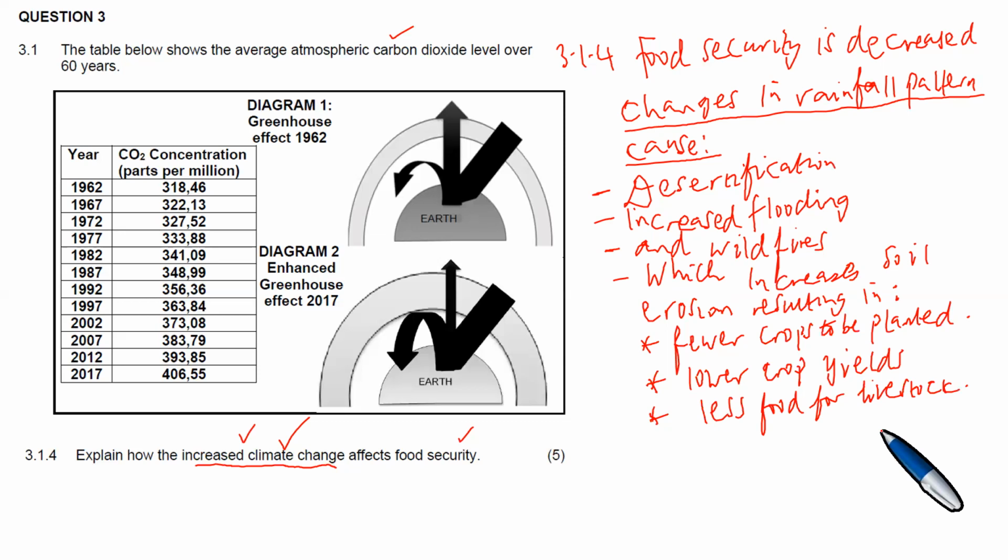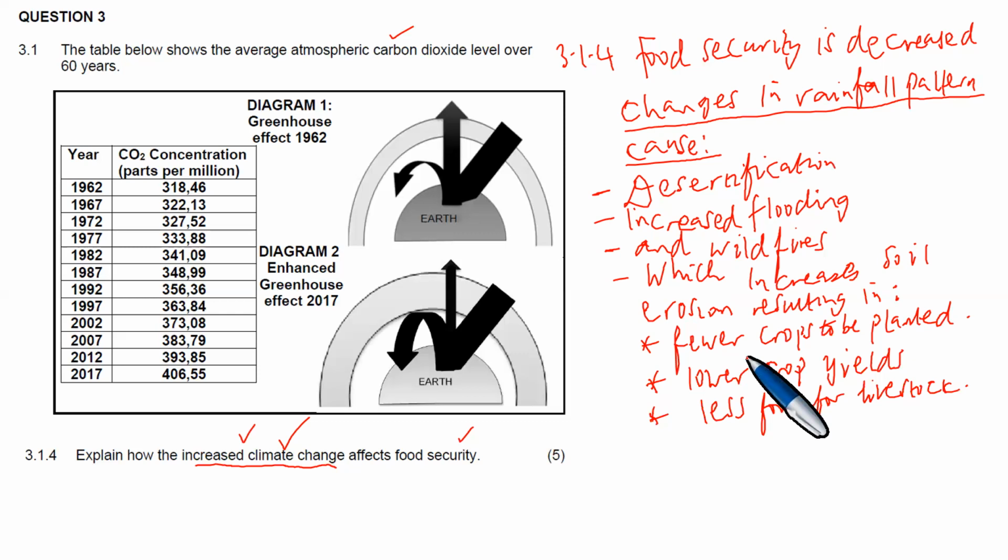So we are speaking about the changes in the rainfall pattern. These changes come with fewer crops to be planted and lower crop yields, so the crops do not grow very well.